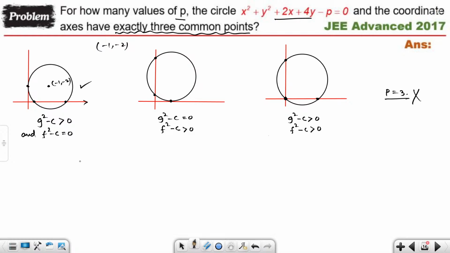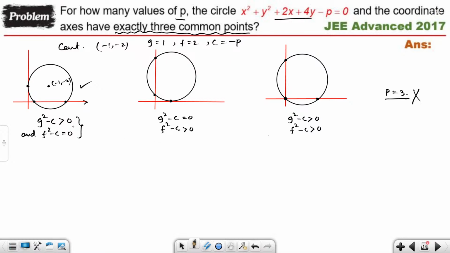Clear? Now let us see whether these conditions are satisfied or not in the given circle. In the circle we are having, at the center, G is basically 1, F is basically 2 and C is basically minus P. So what is this condition?